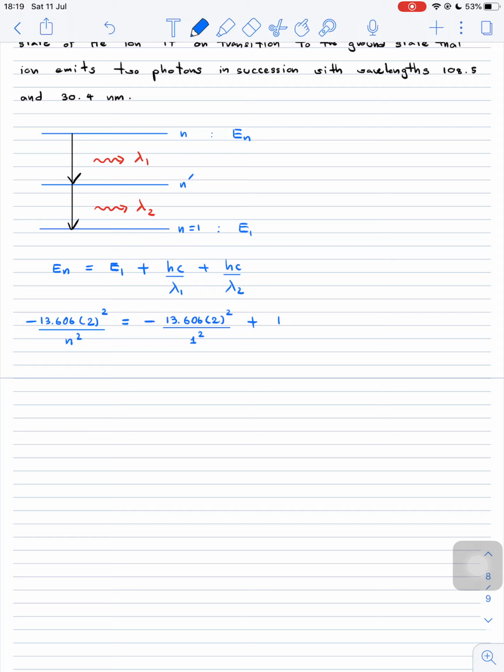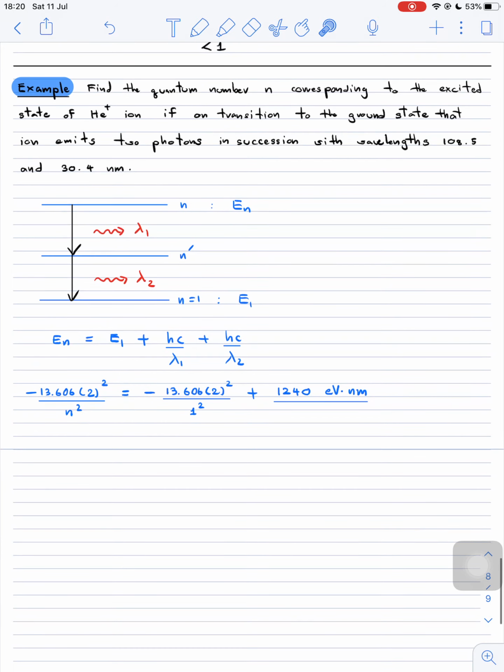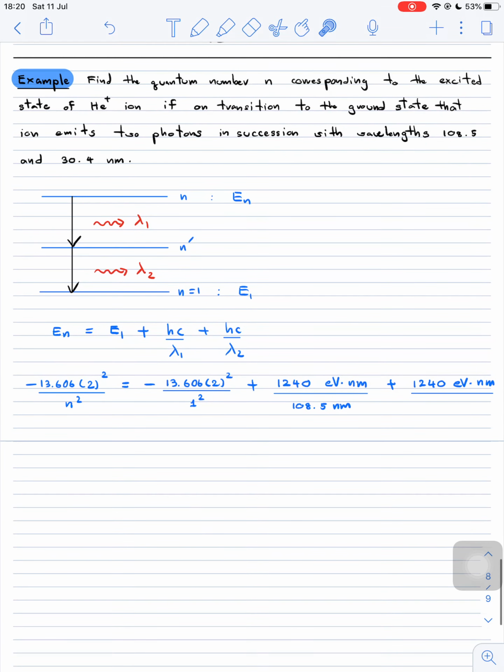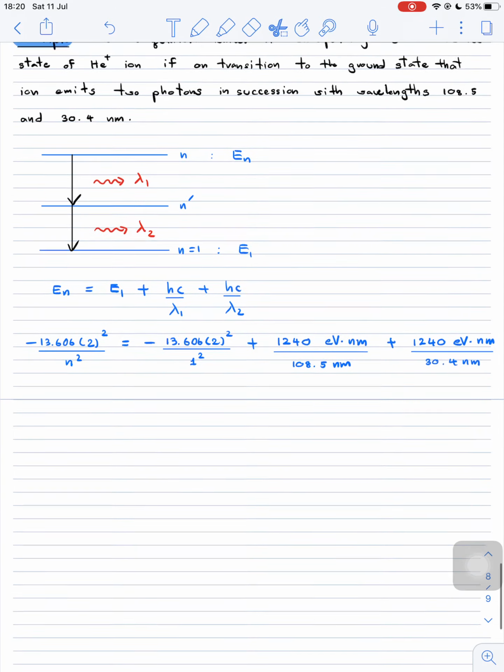It's going to be 1240 electron volts times nanometer, over the wavelength. Let's say lambda 1 equals this, so we have 108.5 nanometer for lambda 1, plus, for the last term, 1240 electron volts times nanometer over, since we used this one already, we need to use this one, 30.4 nanometer here.